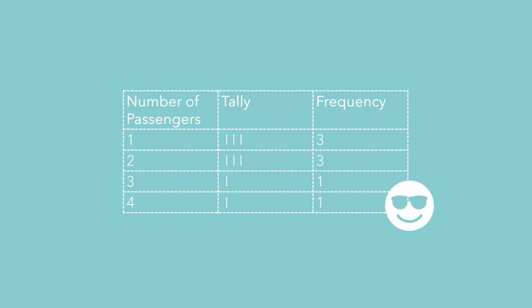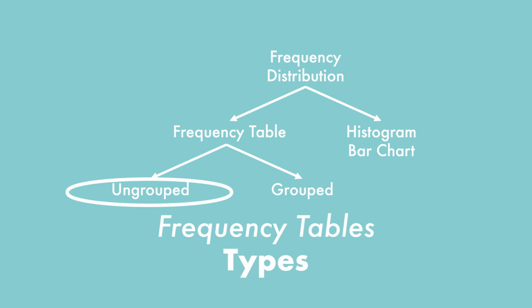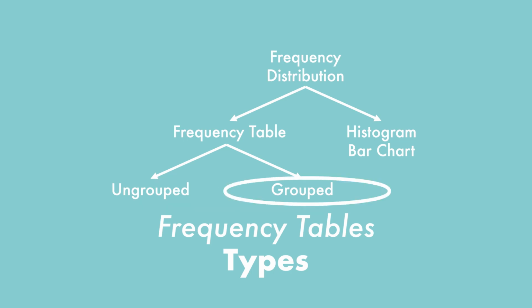Thus, frequency tables in statistics help us to organize the data more straightforwardly. There are 2 major types of frequency tables according to how the data is grouped: ungrouped frequency tables and grouped frequency tables.